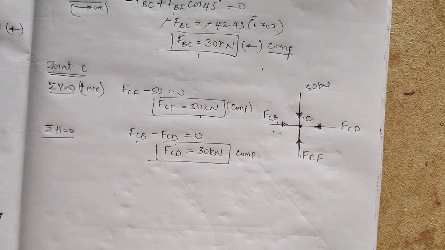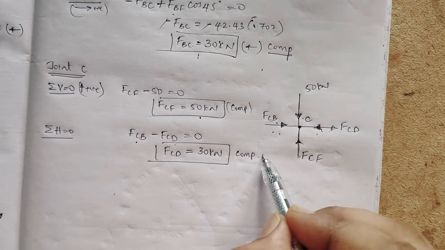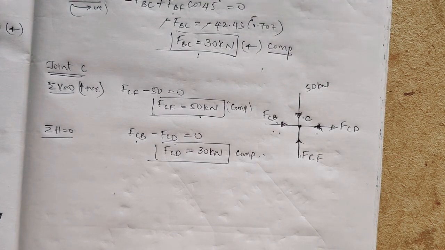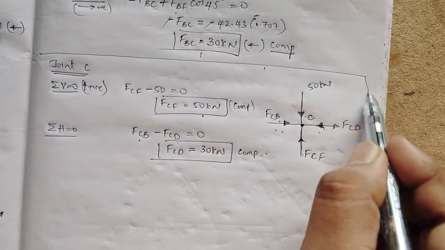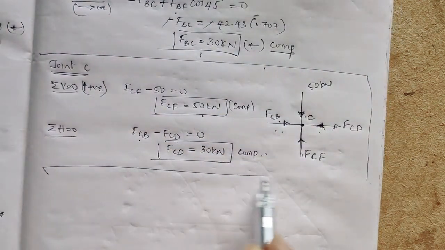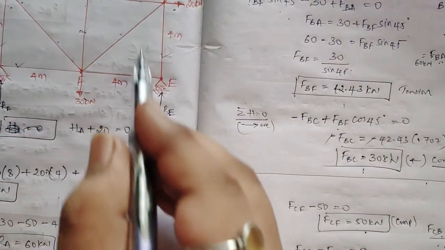Okay, so see here, another side will be like this. So it is compression. If suppose you don't remember this, now all the forces we have found. So this force also found, this force also found.